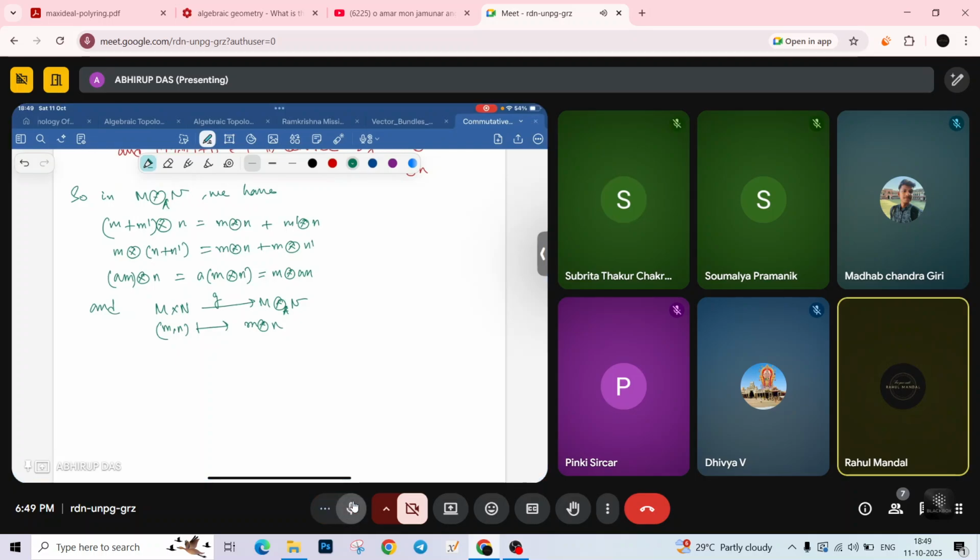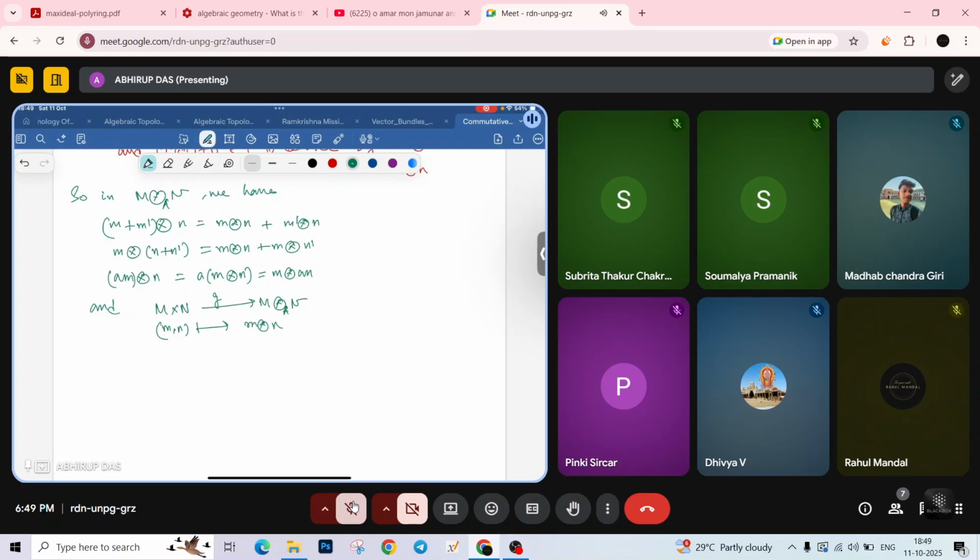Yes. So we'll have a few more things to go through, which we will do in the next class. So in the next class, we will talk about the properties of tensor, the adjoint properties of Hom and tensor. I think that's something we should talk about.